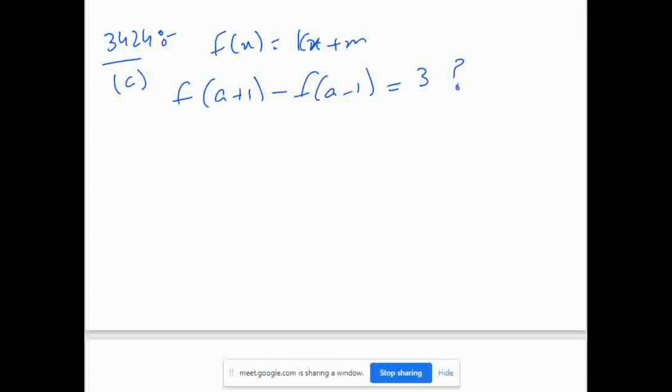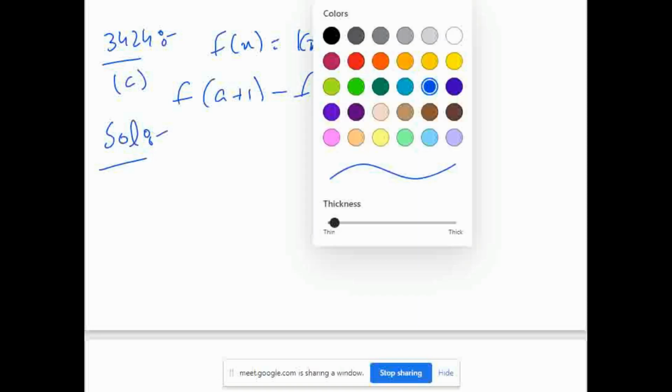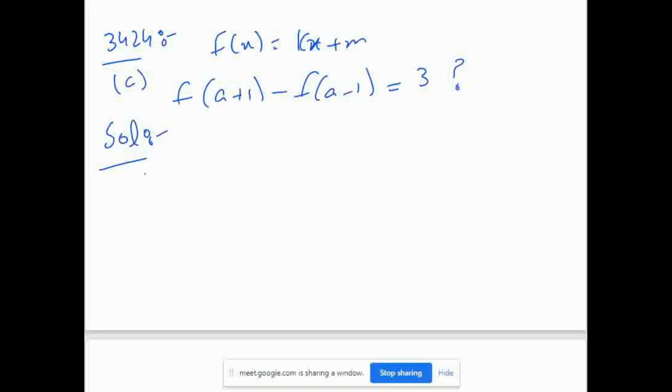Please attempt it in your notebook, and I am also solving it on the board, so that you can recheck your working also. Okay, not an issue.